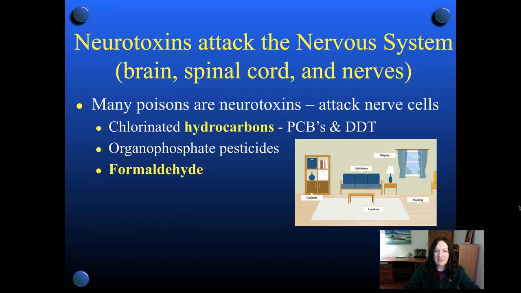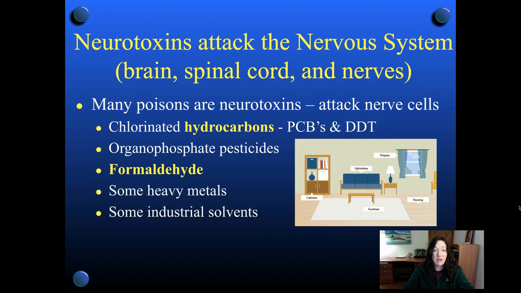Formaldehyde is another neurotoxin, and we've kind of phased it out of our product distribution. Heavy metals are neurotoxins. Some of them are industrial solvents, which are used to break up difficult materials to clean. Oven cleaner, for example, is a neurotoxin. So you definitely want to reduce your exposure to these materials.